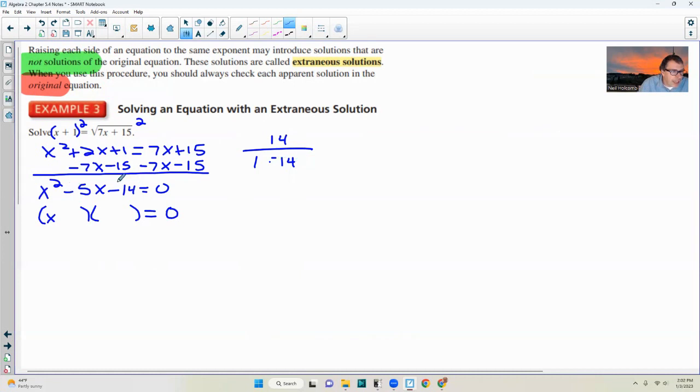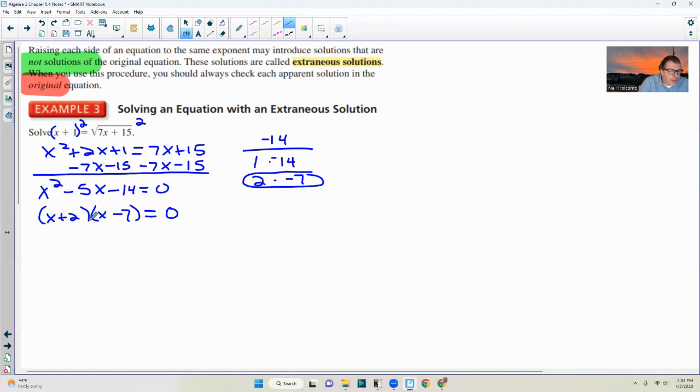And when the middle term is negative, it means the bigger of the two is negative, because when you add 1 and negative 14, you get negative 13. Okay. And so other factors of 14 are 2 times negative 7. Okay, so there it is. 2 plus a negative 7 is negative 5. So it's x plus 2, x minus 7.